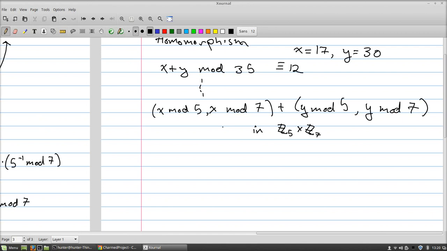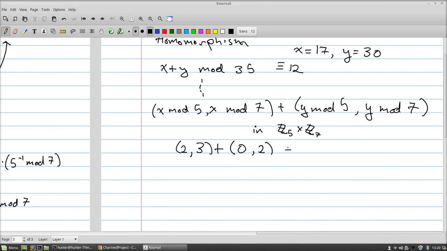If we come down here and we do it in the pair space, then what do we get? 17 mod 5 is 2, and 17 mod 7 is 3, and we're adding that to 30 mod 5, which is 0, and 30 mod 7, which is 2.